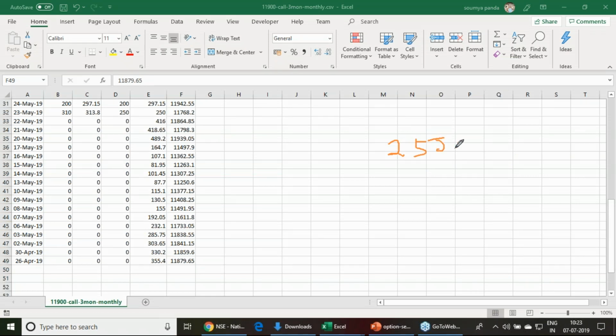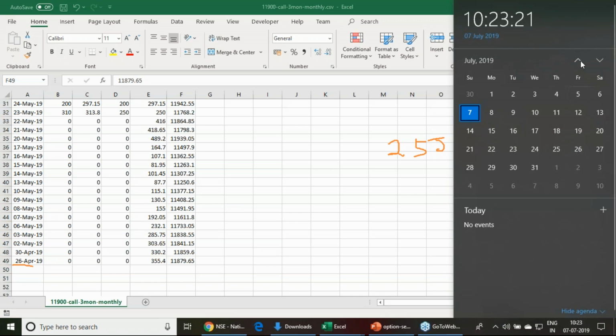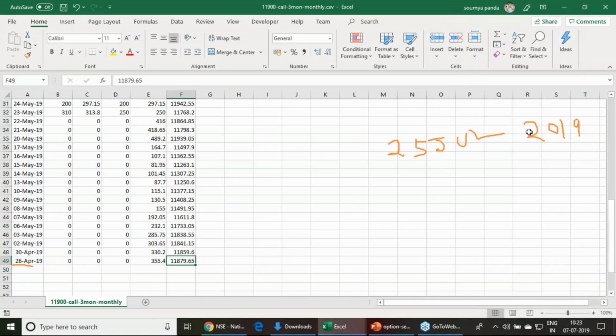So 26th April, your settlement on 25th July. 25th July contract, 25th July 2019 contract. So how many days are left till expiry? That you need to count here. So in the July month you have 25 days, and month of June you have 30 days.